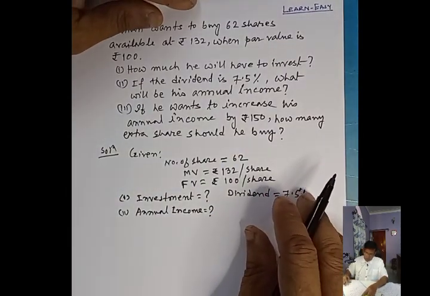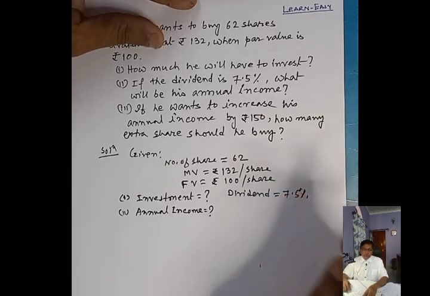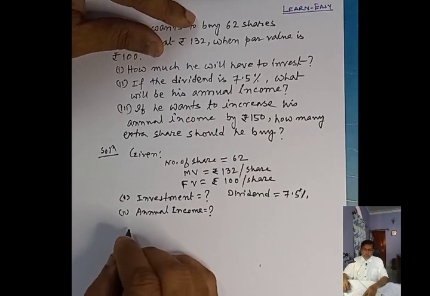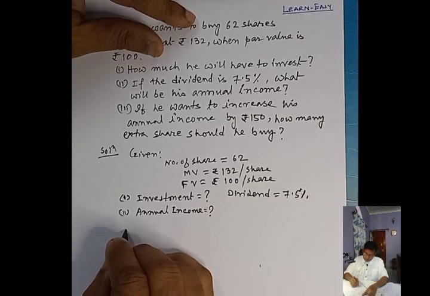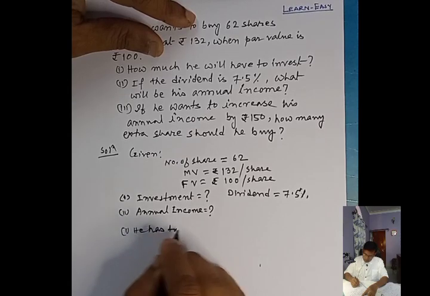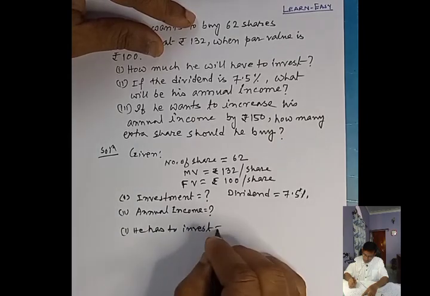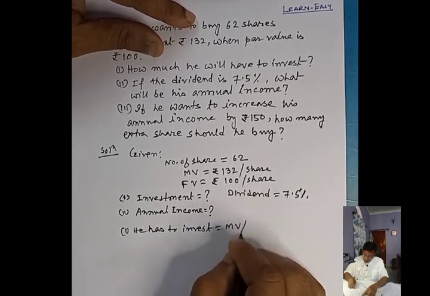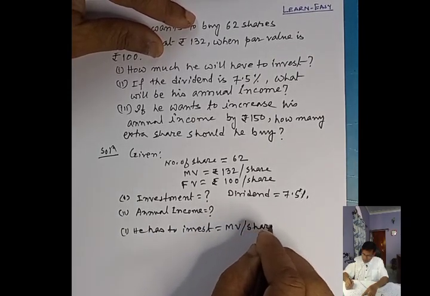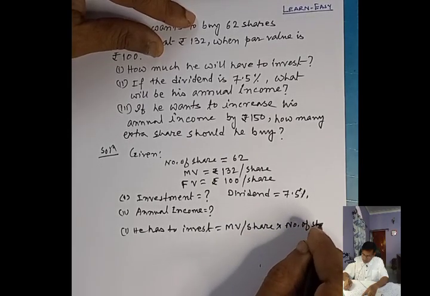So he has to invest MV per share into number of shares.